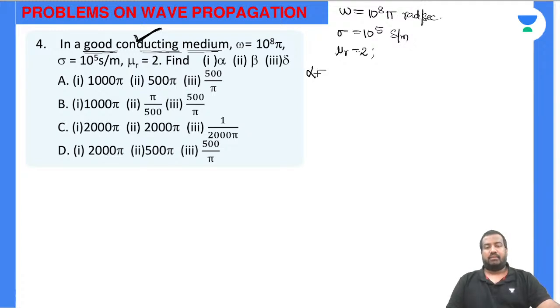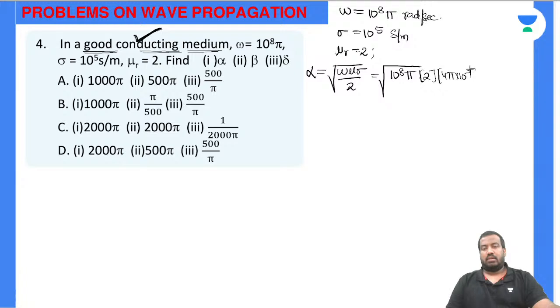find alpha. Alpha for a good conductor is under root of omega mu sigma by 2. That is under root of omega 10 power 8 into pi, mu naught into mu r. Mu r is given as 2. Mu naught is 4 pi into 10 power minus 7. Sigma 10 power 5 by 2.